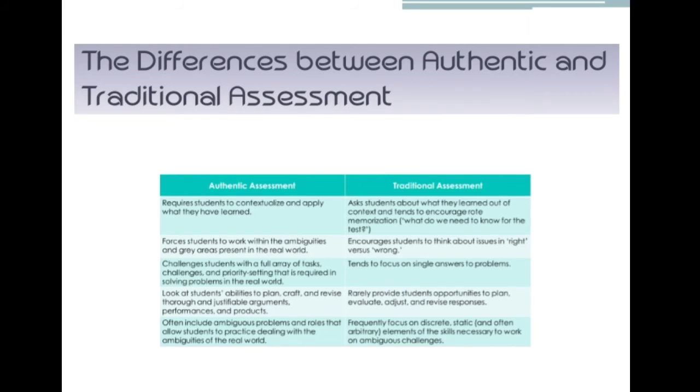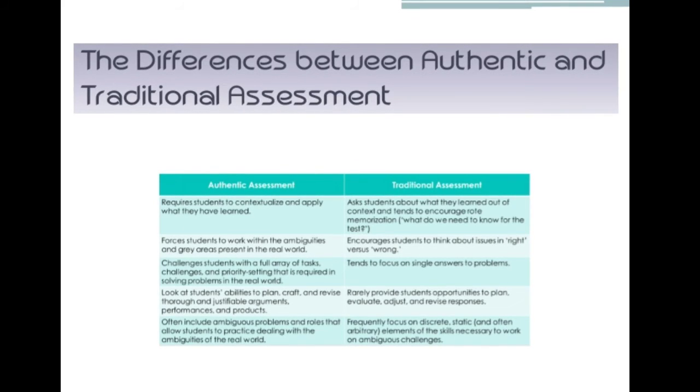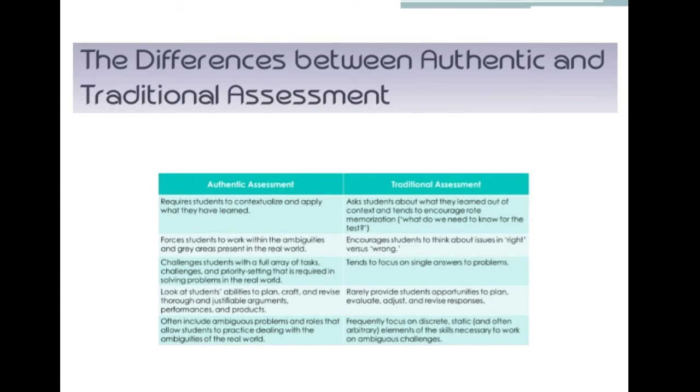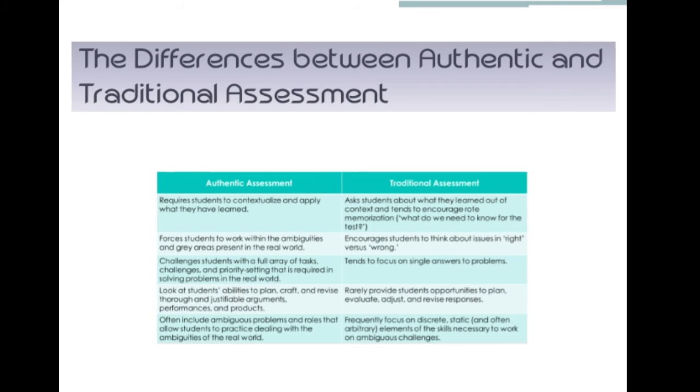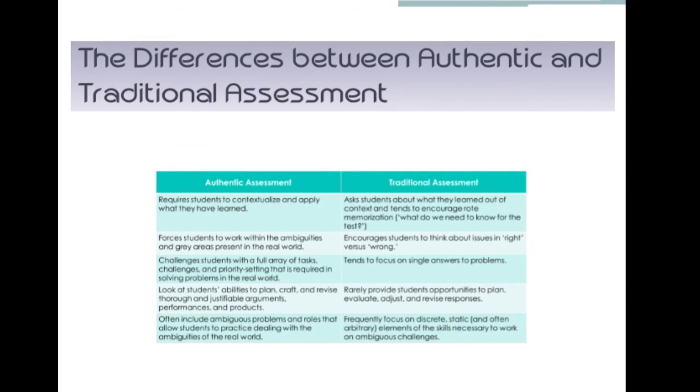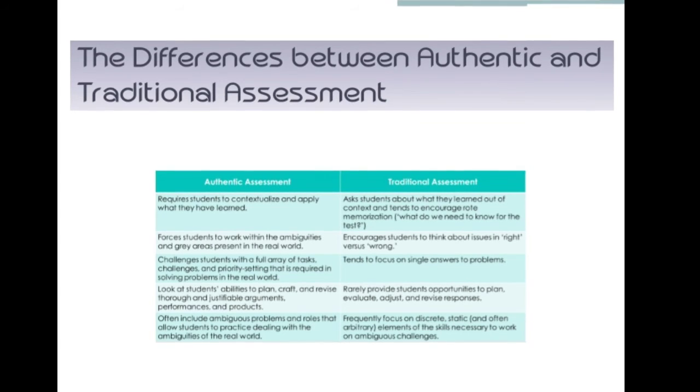The last point is about the differences between authentic and traditional assessment. The first is authentic assessment requires the students to contextualize and apply what they have learned, but traditional assessment asks students about what they learned out of context and tends to encourage rote memorization.